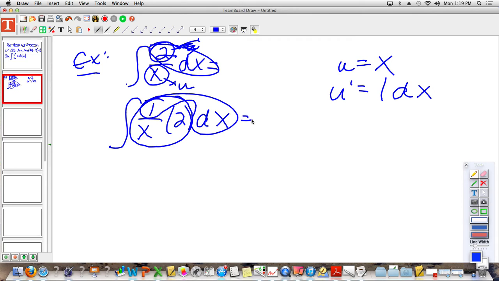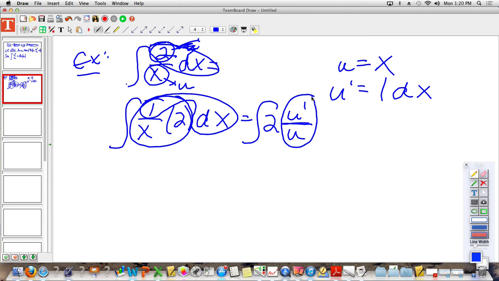So this really means the integral of 2 times u prime over, what's on the bottom? There's an x on the bottom, and x is actually u. Well, what is the integral of u prime over u?